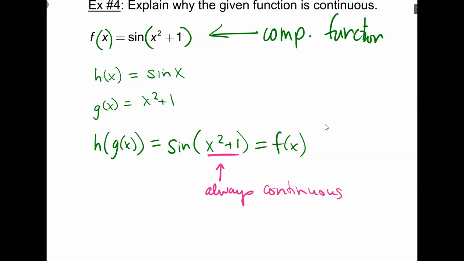So this means the composite is always continuous. Explain why the given function is continuous. Okay, cool. We know that sine of x is continuous; sine of x goes on forever in both directions. What about x squared plus 1? It's continuous forever. So if both functions, h of x and g of x, are continuous, that means my whole composite function is also going to be continuous.